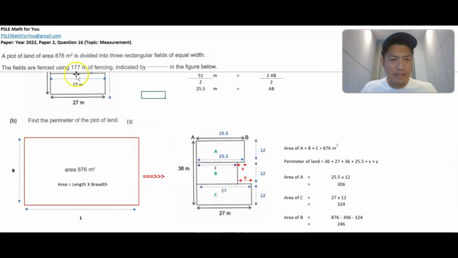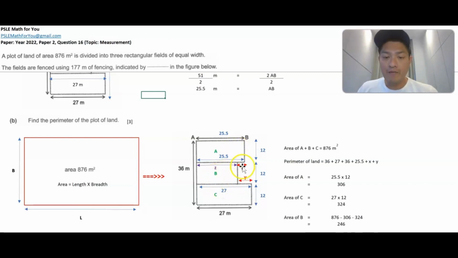Remember that in the first part of the question, we have one big area of land that's 876 meters squared. The formula for area is length times breadth. And then we cut this 876 into 3 rectangles, so these 3 rectangles have a total area of 876 meters squared too.